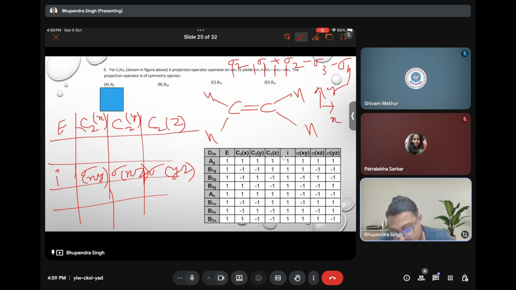Here sigma means bond. Do not consider atoms. The projection operator operates on sigma 2, so it is asking for your CH bonds. Let's say this is sigma 1, sigma 2, sigma 3, sigma 4.